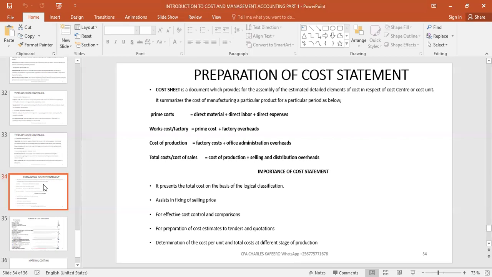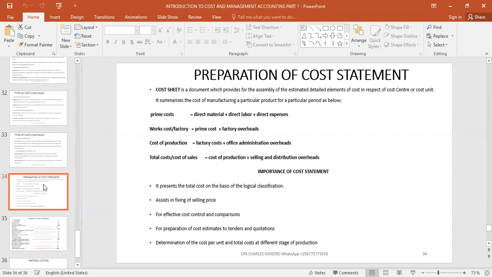The other importance of a cost statement is for preparation of cost estimates for tenders and quotations. Of course, when you know the costs you've incurred, it will be very easy for you to determine the price of the commodities that you are supposed to sell.